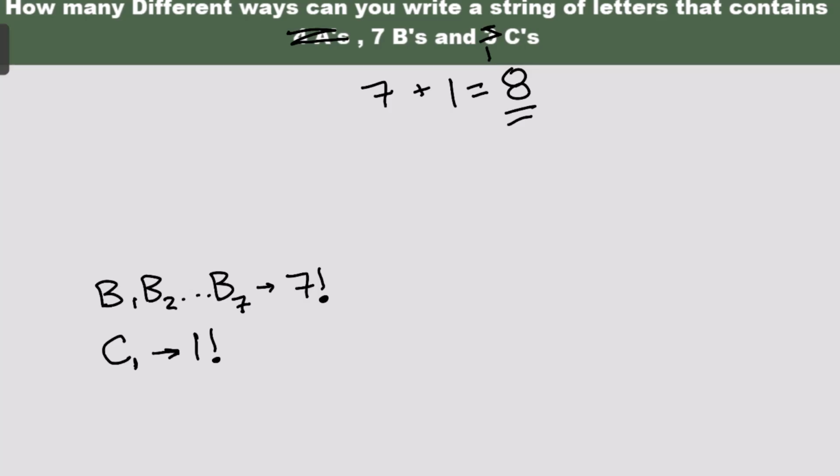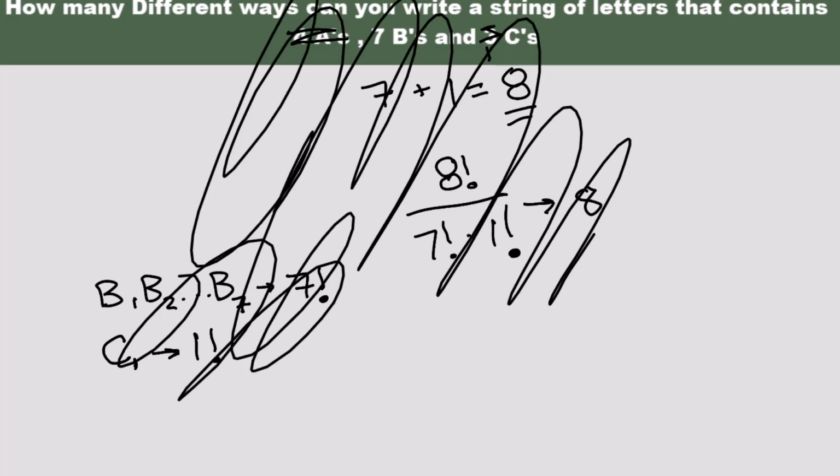And then since we had 8 letters, 8 factorial divided by 7 factorial times 1 factorial. Or that's all a very convoluted way of saying 8. Hopefully you see the pattern now.